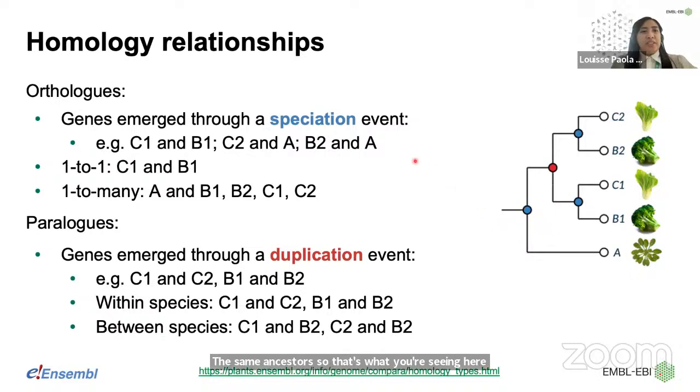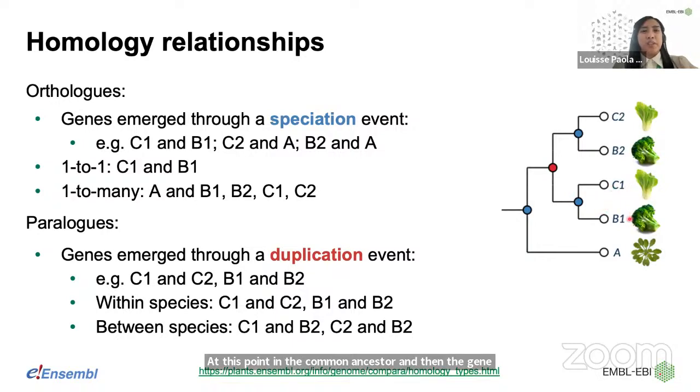If we look at the different types, orthologs are genes that have emerged through a speciation event. These are the nodes colored in blue on the phylogeny. For example, for C1 and B1, we have a blue node here. There was a speciation event at this point in the common ancestor, and then the gene became C1 and B1.